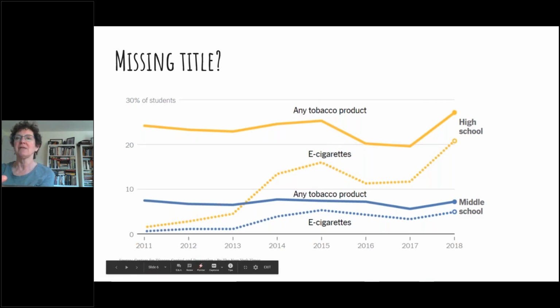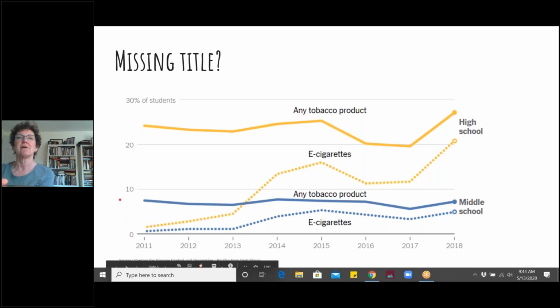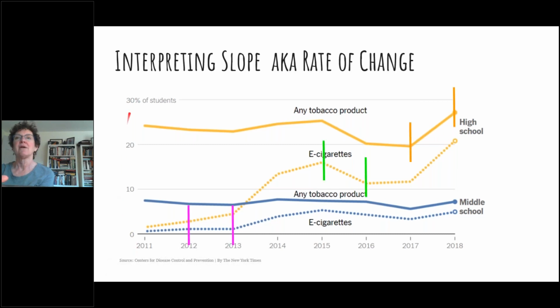But I want to take a look at something else on here. So this is a great graph for slope, which is also what we call the rate of change.